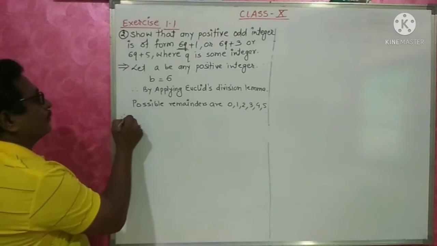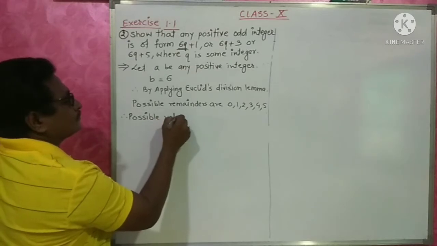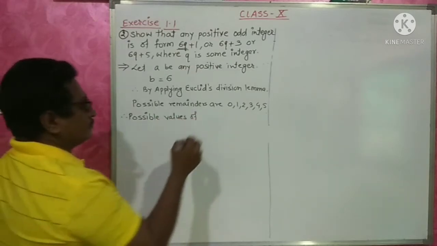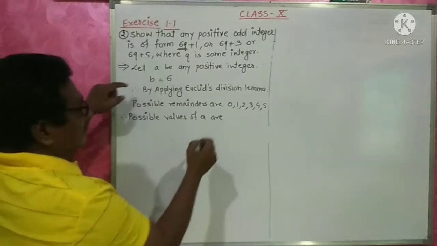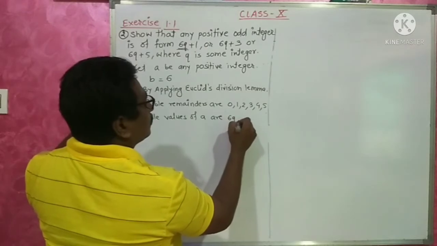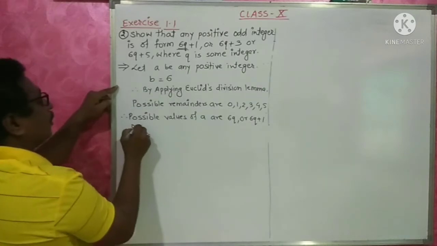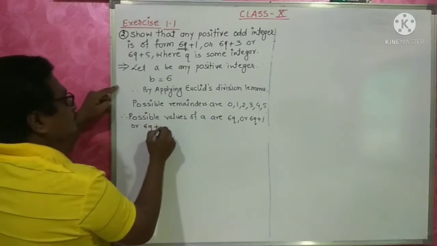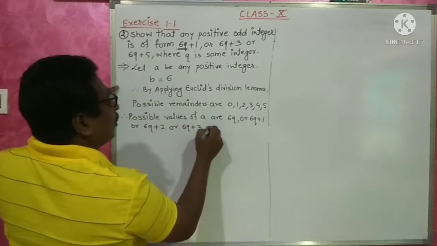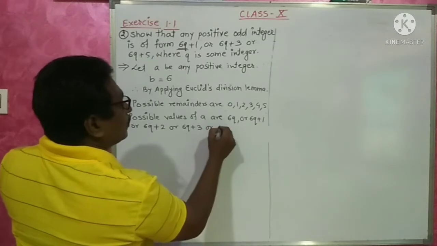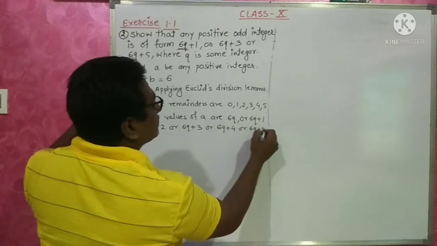So therefore the possible values of a are, what will we get? 6q or 6q plus 1 or 6q plus 2 or 6q plus 3 or 6q plus 4 or 6q plus 5.